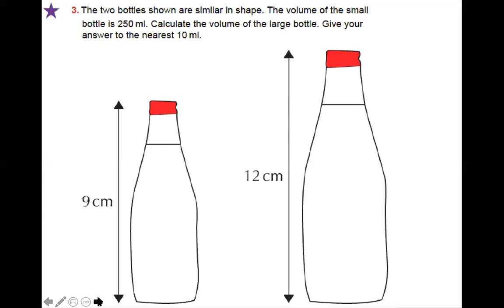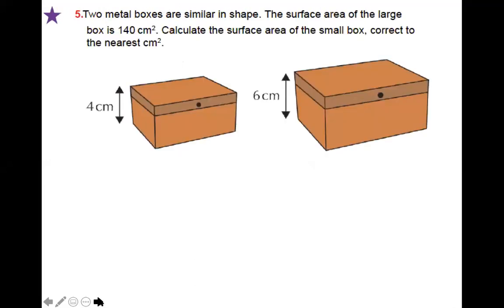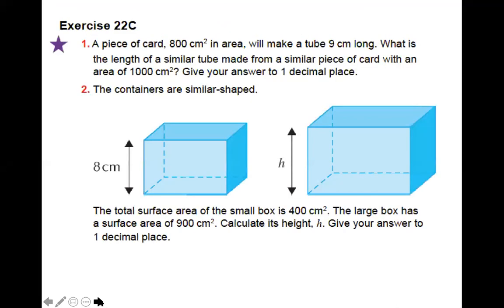So they'll be here basically. Two bottles, if you go to the large one, find the ESF, give your answer here. So we're talking about volume here. If the volume of the small is 250, then the ESF, you cube that, times by 250. Again, boxes. So if you go for the area of the small box, you need to find the reducing scaling factor, cube that, times that by the large box.